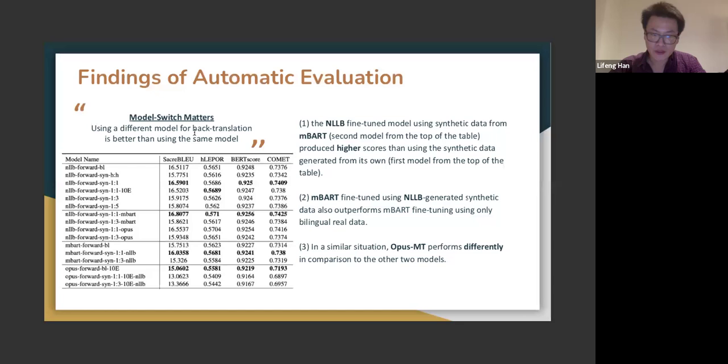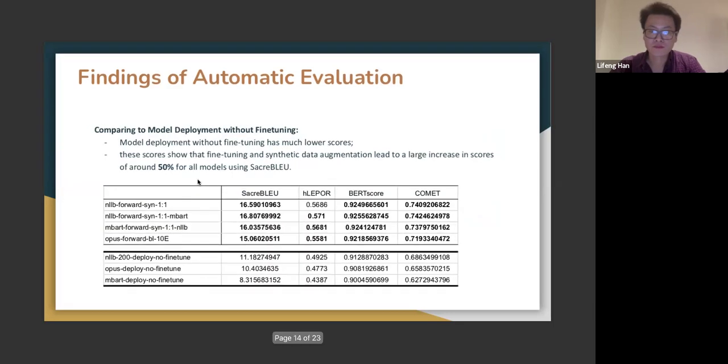Regarding the model switch, we realized it matters because it can give a slightly higher automatic evaluation score than without a model switch. Compared to the base model without fine-tuning, we can see that the fine-tuned model is much higher than the base model across our evaluation metrics.